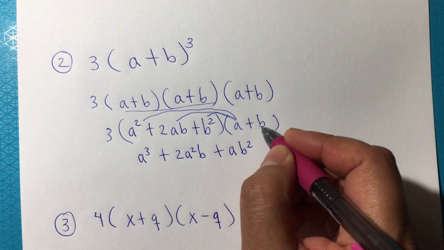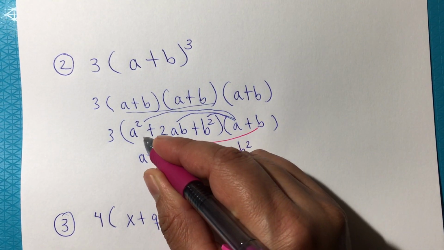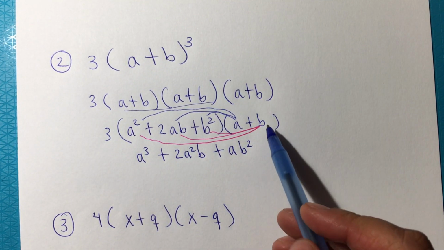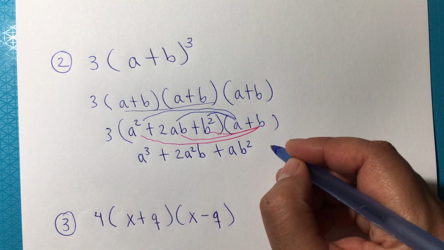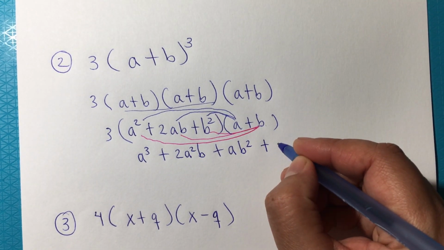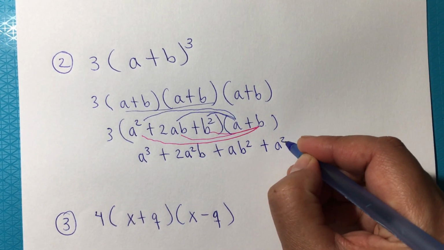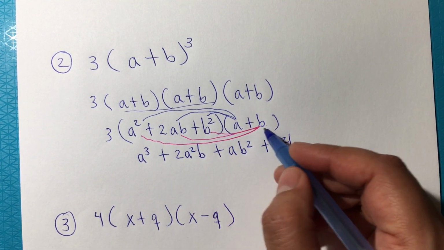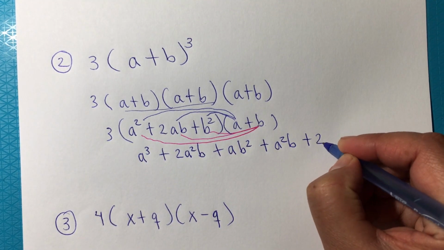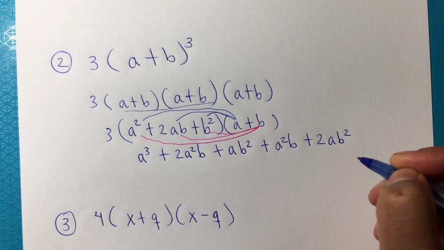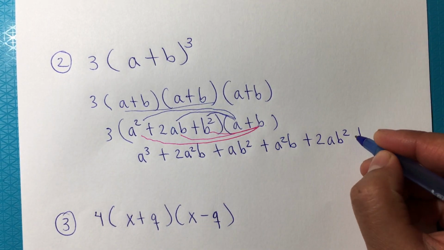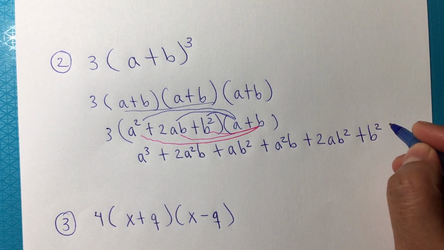Then the second one, and that's why I call it double distributive property. And so b times a squared is, if you put it in alphabetical order, a squared b. 2 times ab times b is 2ab squared, and then b times b squared is b cubed.